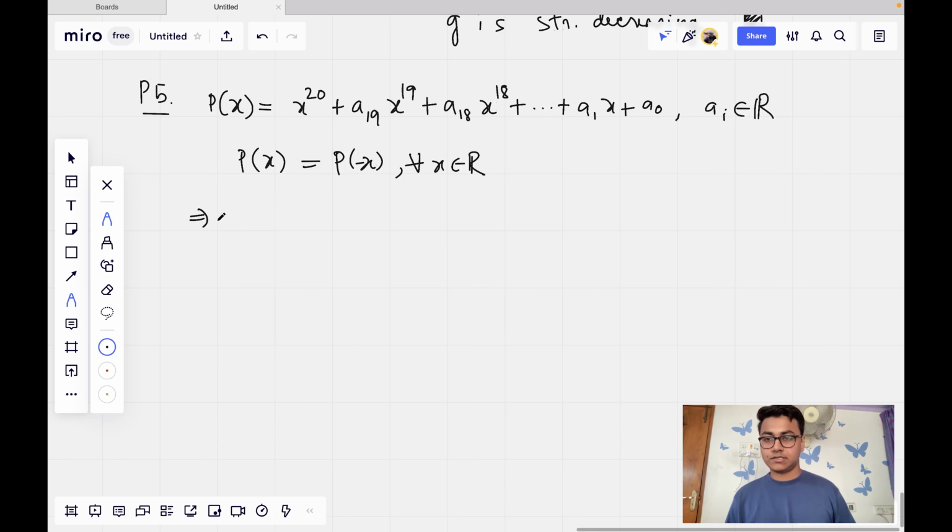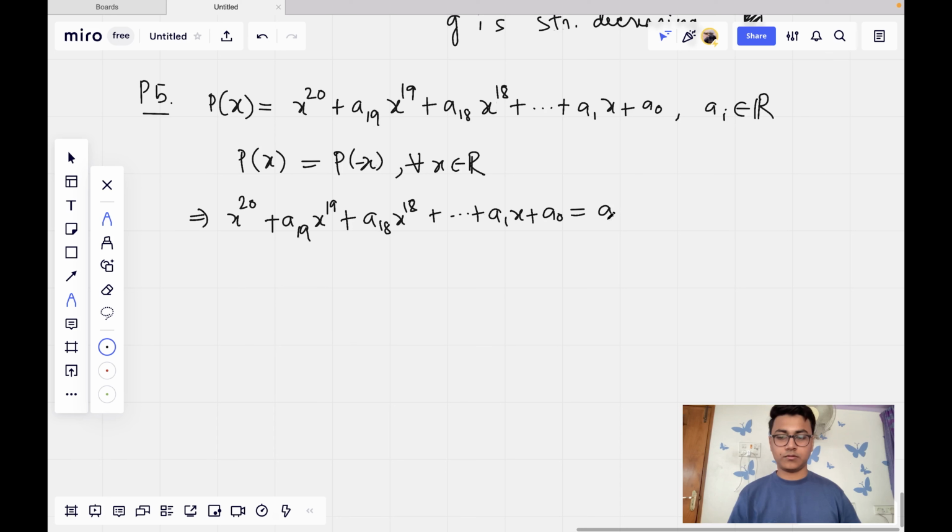So substituting this into the polynomial gives us x to the power 20 plus a19 x to the power 19 plus a18 x to the power 18 plus, all the way till, a1 x plus a0.